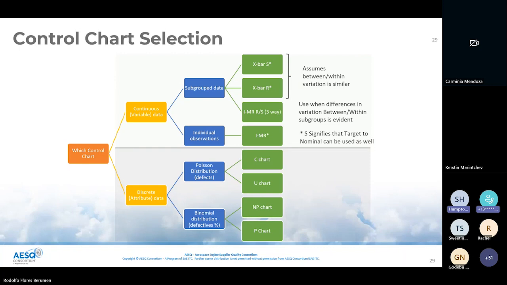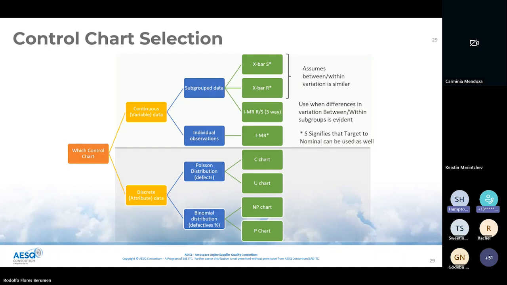And if you get into the S, then you have to calculate the standard deviation as well. So hopefully you're just in the X bar R, for a little bit less computation for your operators. But it's not the end of the world if you are doing the X bar S.